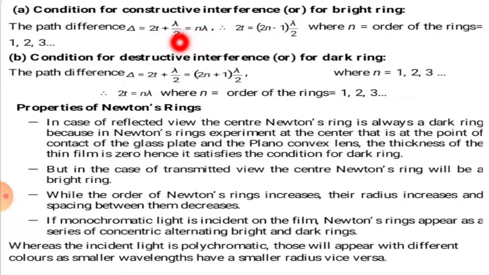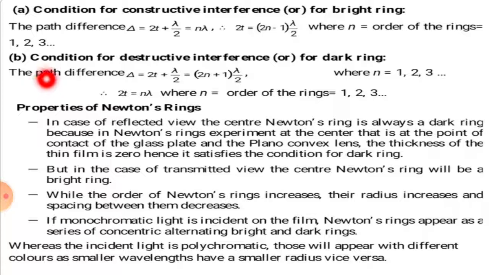Simplifying this expression, we get 2t equal to (2n minus 1) into lambda by 2. This is the expression for a bright ring, where n is the order of the rings, n equal to 1, 2, 3. Here n equal to 1 is the first bright ring, n equal to 2 represents the second bright ring, n equal to 3 represents the third bright ring, and so on.